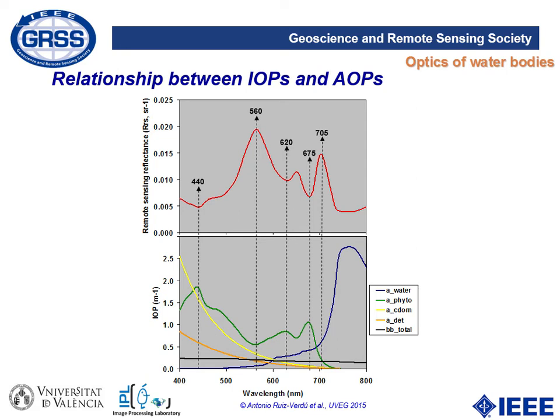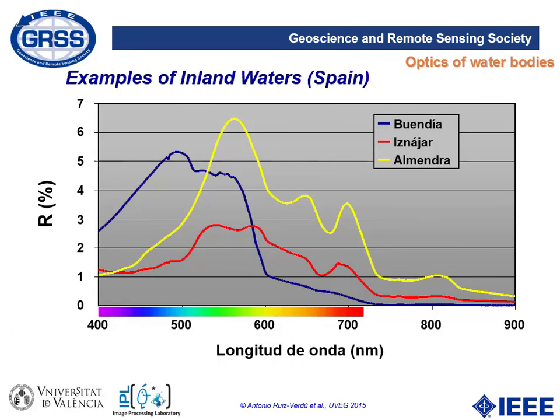And this peak, which is also very important, as you see, reflects the combination of a decreasing absorption of phytoplankton and an increasing absorption of water. And also in this peak, we can see the contribution of chlorophyll fluorescence.